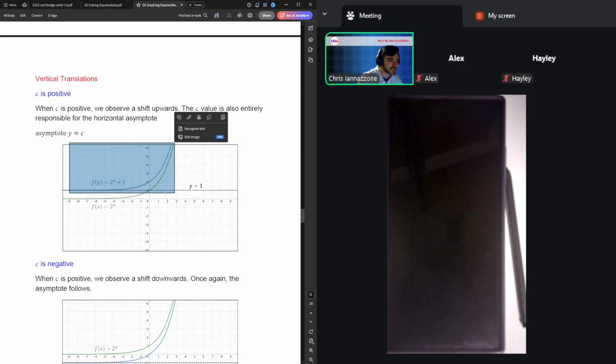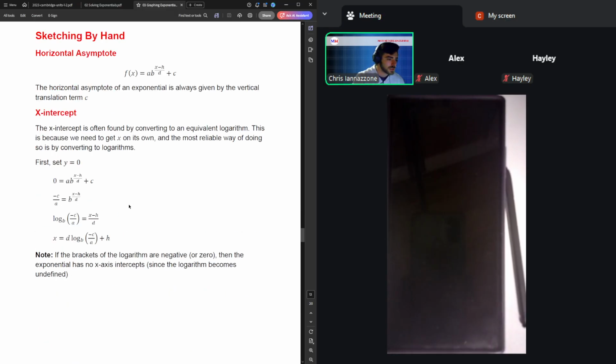So we don't need to find it if we know ahead of time it's not going to be findable. But if we do need to find it, typically what you'll be doing is converting to some sort of logarithm, especially since most of them are going to be complicated enough to where you do need to convert to logarithm to solve for the x-intercept.